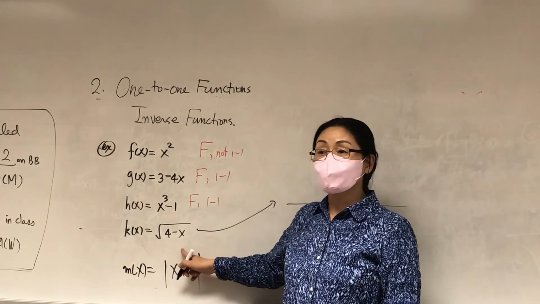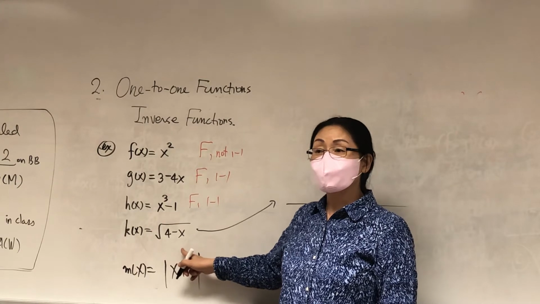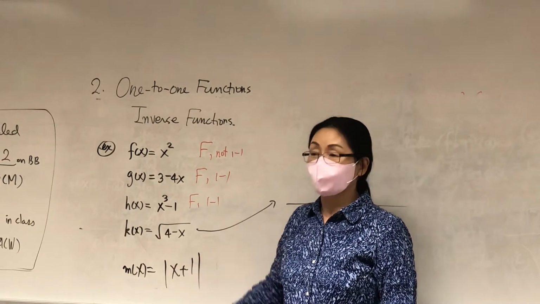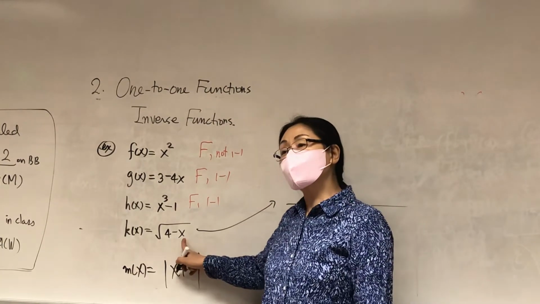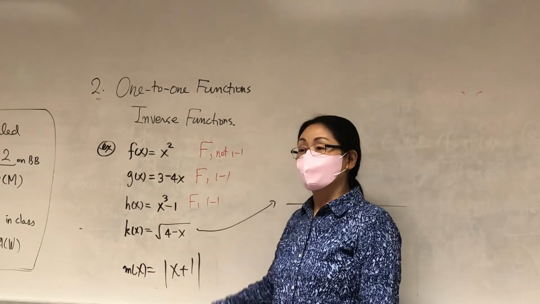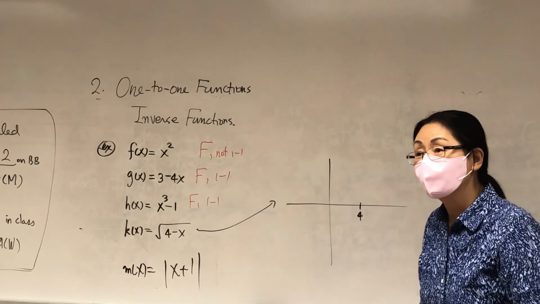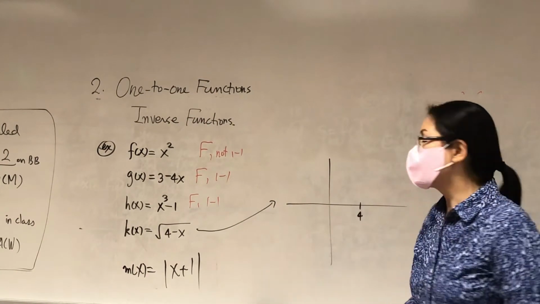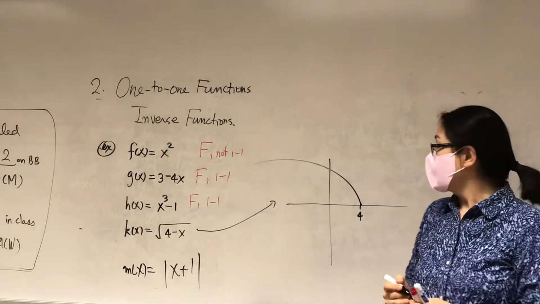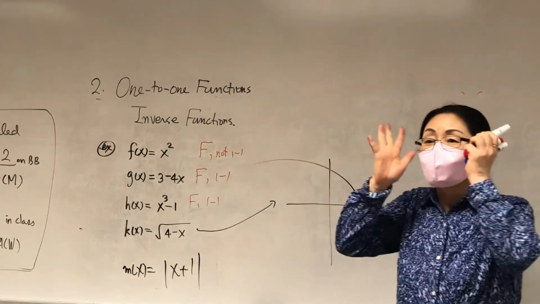If I put 5, do you have a y value? No. If I put negative 4, does the y value exist? Yes. So your graph is on which side, left or right? That side. Good, this is your graph.